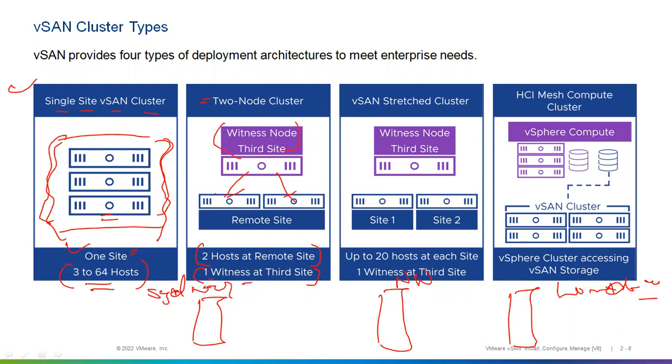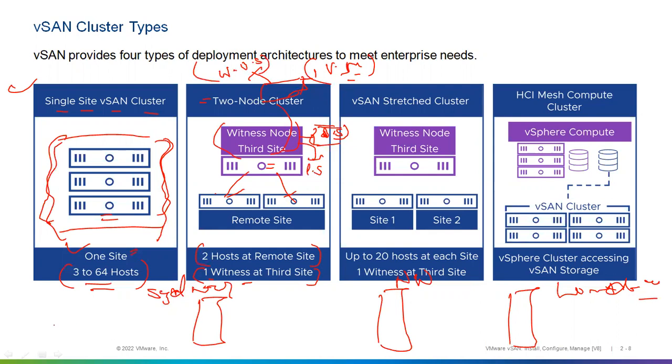So what is this witness node? This witness node is a specialized operating system that only plays the role of witness. It comes as an appliance or directly on a physical server. So you can use a physical server and put that witness operating system on it, or you can use a single host, make a virtual machine, and inside this virtual machine install the witness operating system.